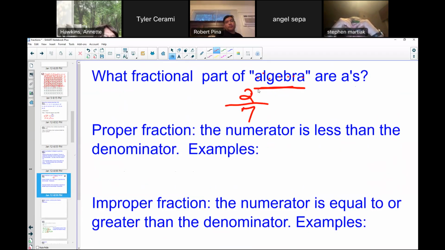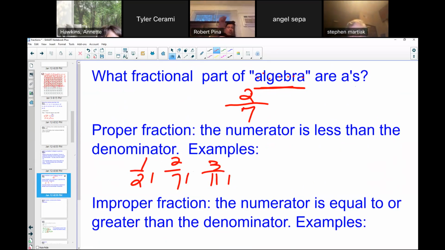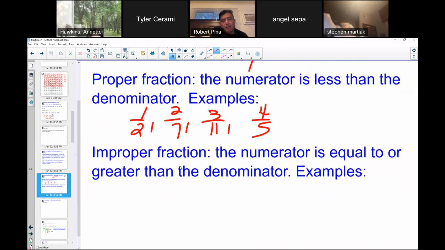Okay? All right, a proper fraction. The numerator is less than the denominator. So a proper fraction, the numerator is less than the denominator. 2/7, 3/11, 4/5. These would be proper fractions. Now, an improper fraction, the numerator is equal to or greater than the denominator.